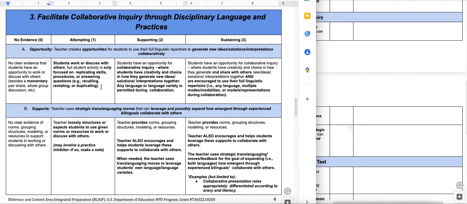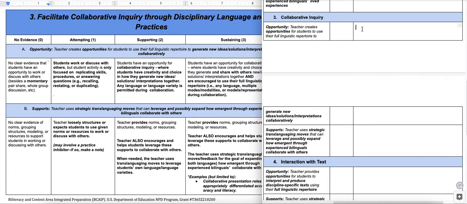Okay, so if we see evidence for that, I might put it in here. So we could say, oh, it's 7 minutes in, and students are working on a worksheet.